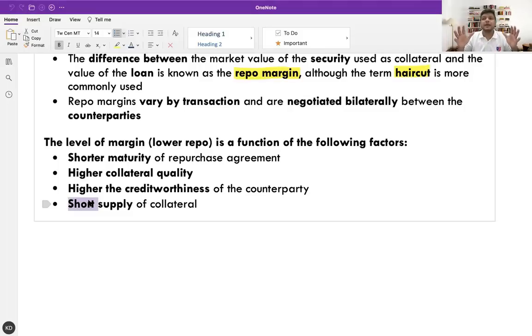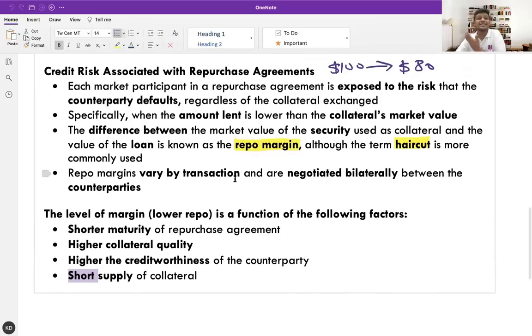Higher margin means the lender is willing to give you a loan for more than the value of your collateral. So even if your collateral is $70, the lender is willing to give you $100. The lender is willing to take the haircut risk only if these are the factors: the maturity is short, the quality of the collateral is high, and the quality of the borrower is high. Clear?